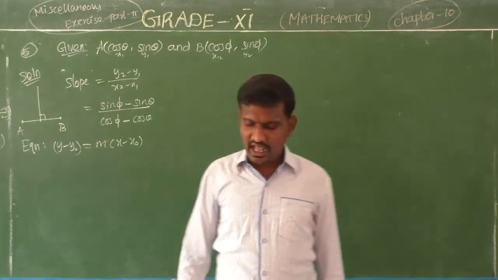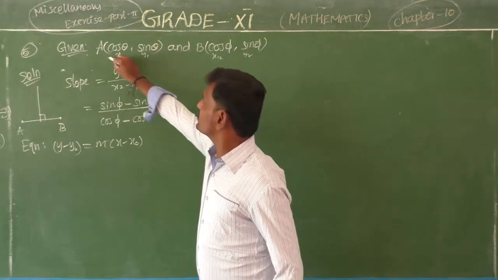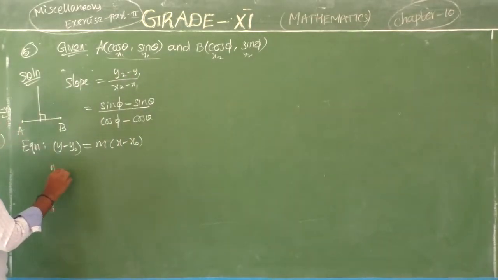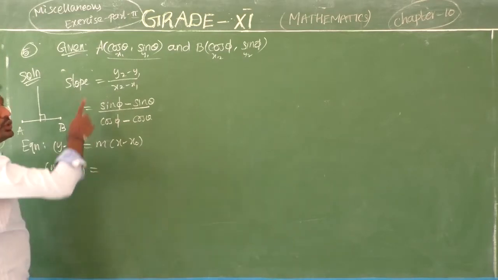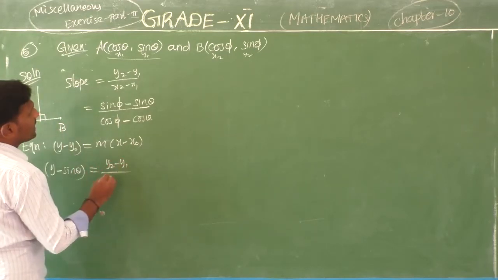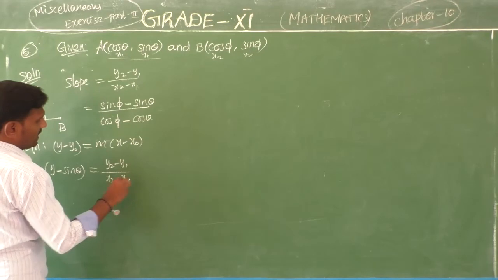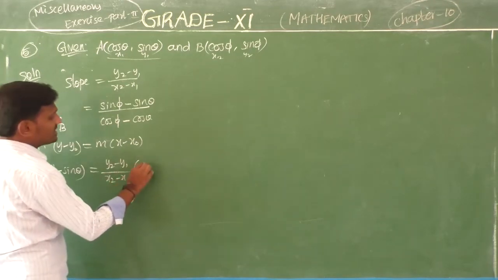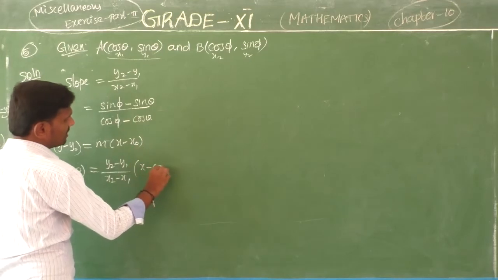For that, I am going to take the first point. So y minus y0, this is y0 or y1. So y minus sin theta is equal to, you have the value of slope, y2 minus y1 by x2 minus x1, into x minus x0. x0 is cos theta.